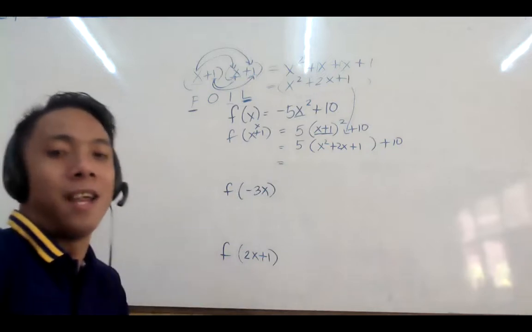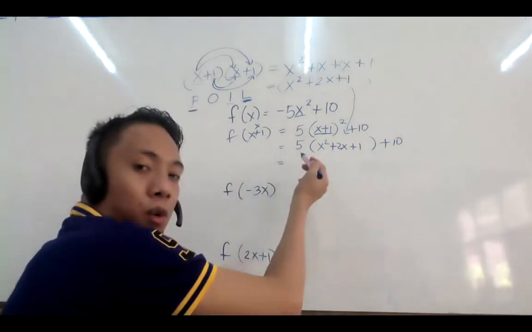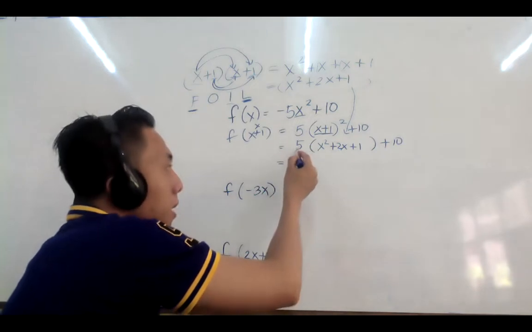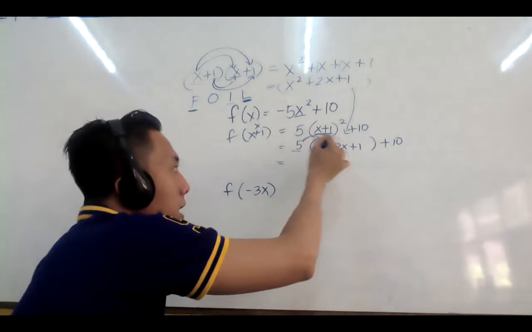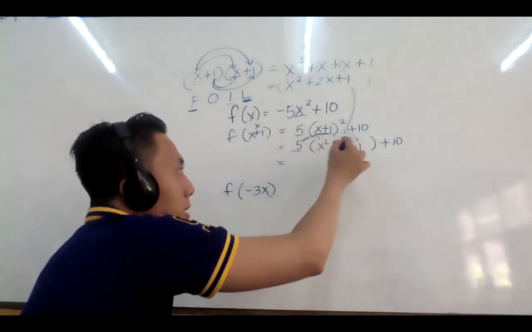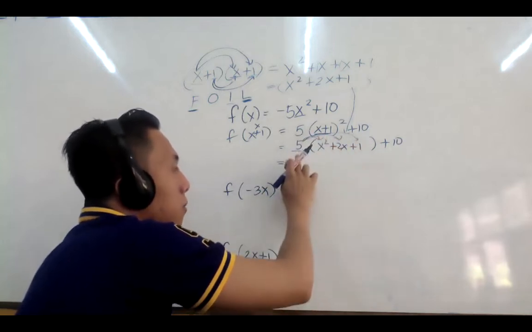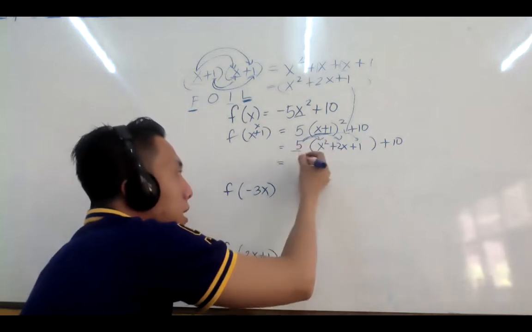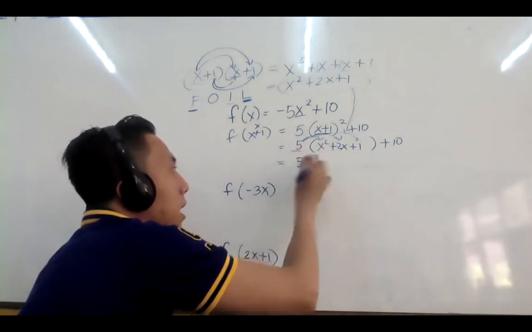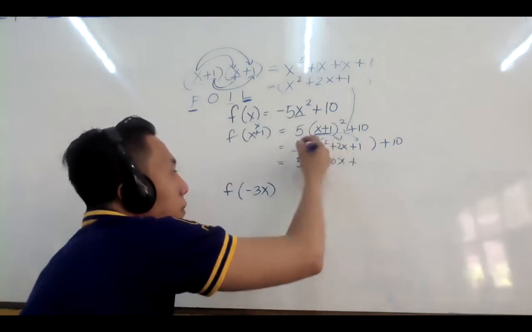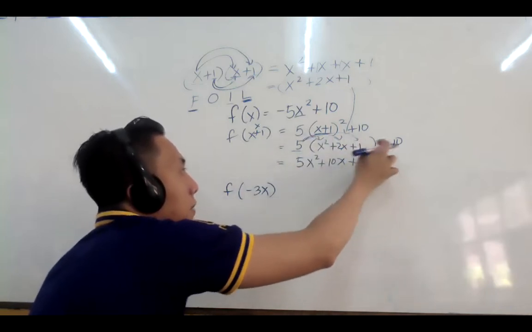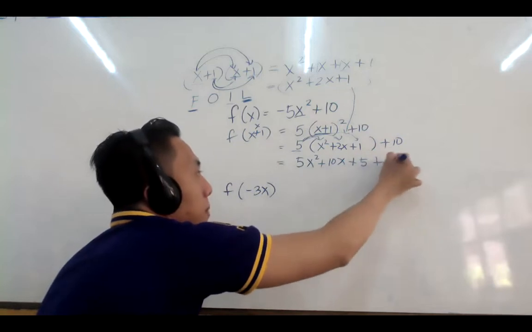We need to simplify. We need to multiply 5 inside this parenthesis. So we multiply 5 and x squared, that is 5x squared. 5 times 2 is 10x. 5 times 1 is 5. And then this one, just copy plus 10.